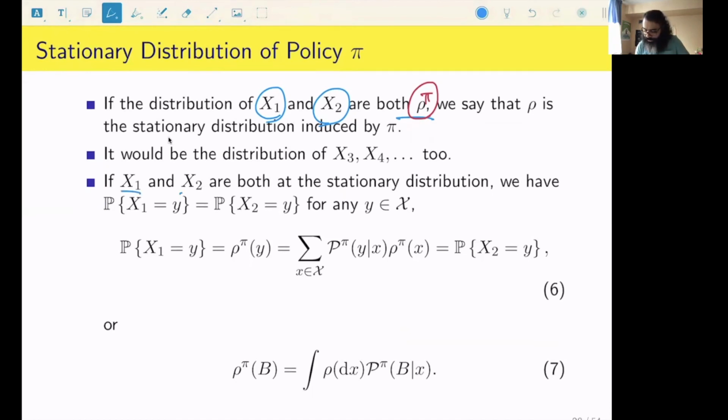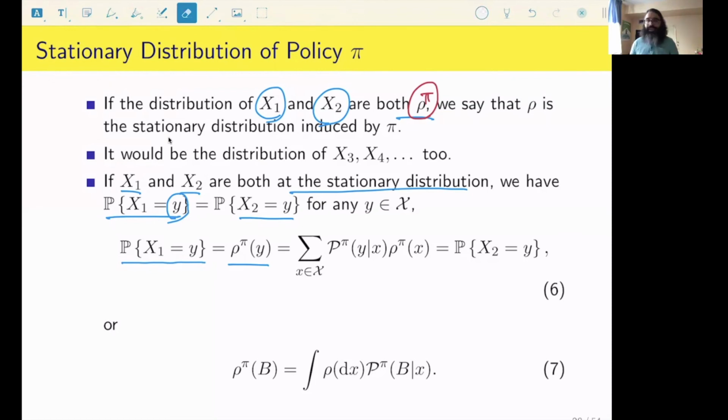If x1 and x2 are both at the stationary distribution, rho pi, then the consequence is that the probability of x1 being at y, for any state y, is the same as the probability of x2 being at y. So the probability of x1 equal to y, by our definition, is rho pi of y.